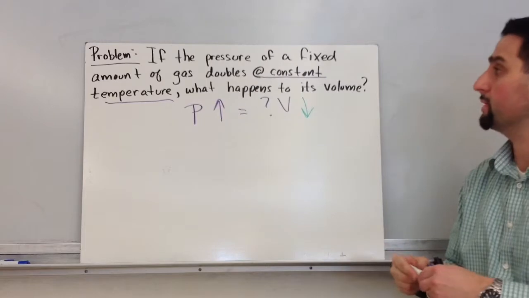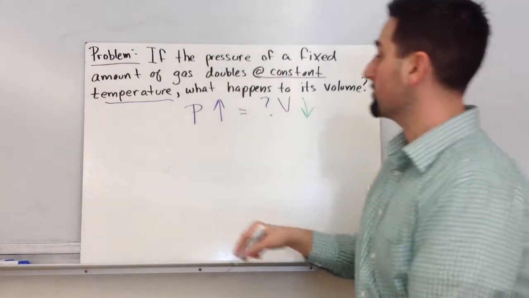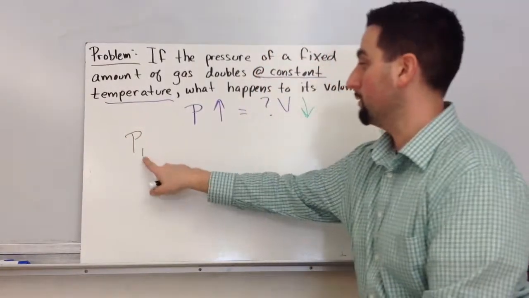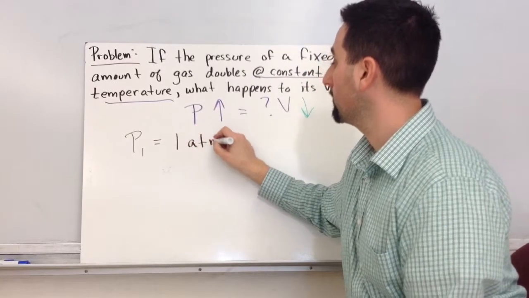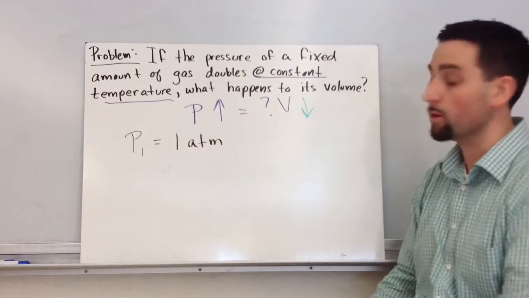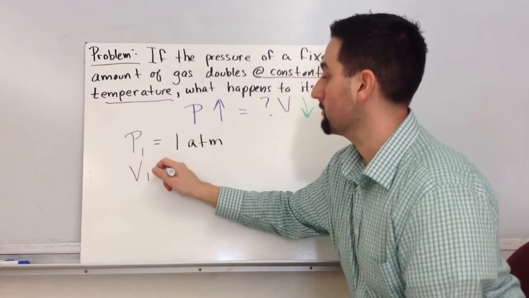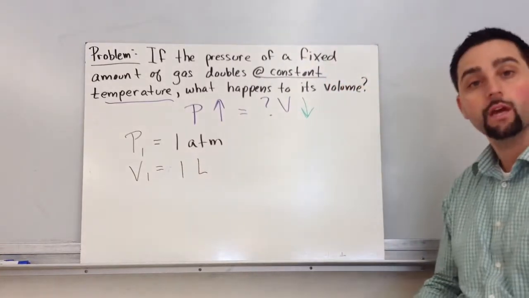Let's fill in some numbers here. So just to make the numbers work, use some simple numbers. Let's say my first pressure is 1 atm. I'm making these numbers up. And let's say that volume of gas occupies 1 liter.